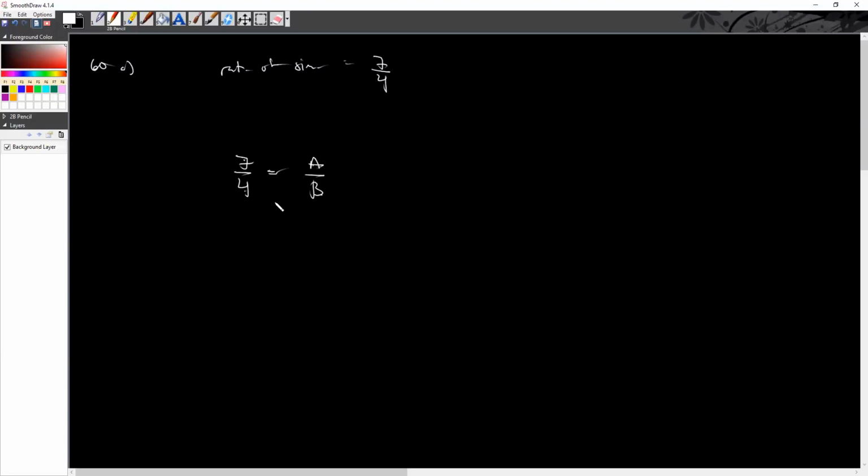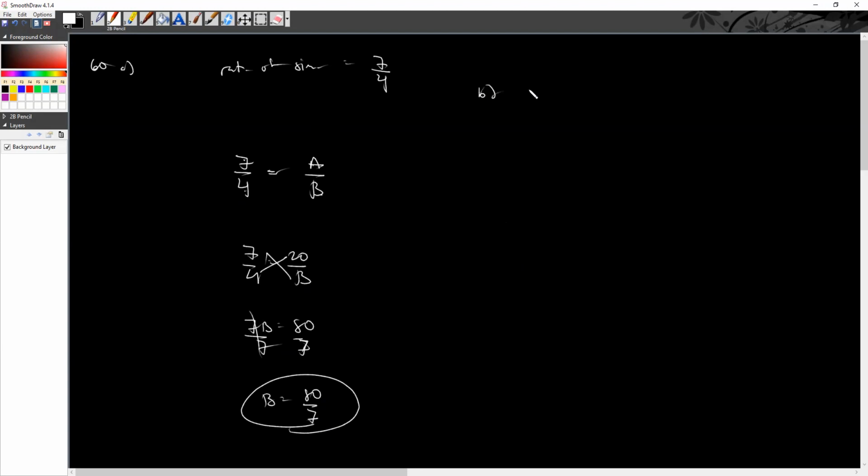Perimeter A is 20. So I can say 7/4 equals 20 over B. And I believe I can now cross multiply to get 7B equals 80. So divide by 7, and B equals 80 over 7. Cool?